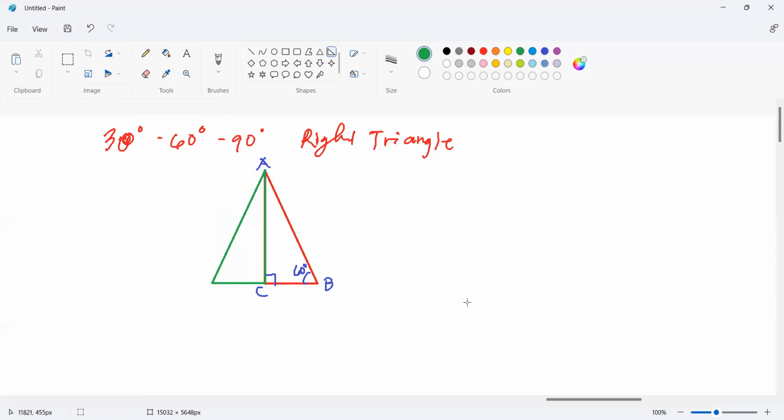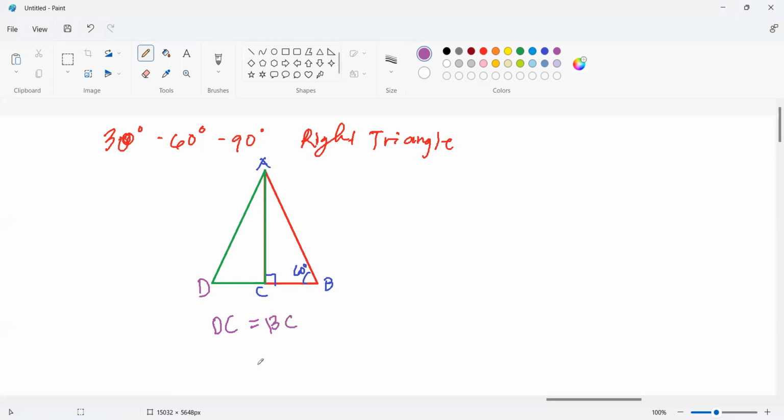So, let's try to label this. If DB is drawn from here, DB, let's say 90 degrees, such that DC is equal to BC and AD is drawn. This is the connecting side, then BC.